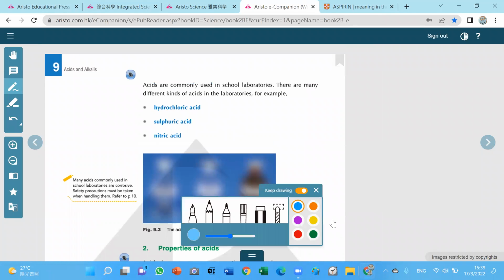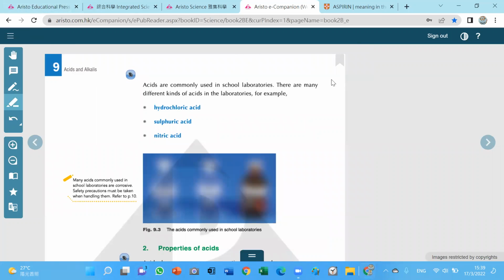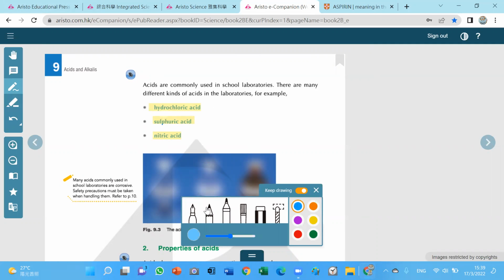Acids are commonly used in the laboratories. There are many different kinds of acid in the laboratory, such as hydrochloric acid, sulfuric acid, and nitric acid. Hydrochloric acid 係氫氯酸。唔使記嘅，你淨係知就得㗎啦。You can refer to the Chinese meaning.